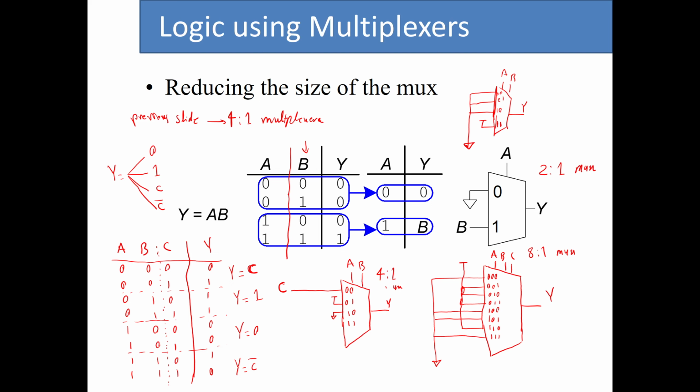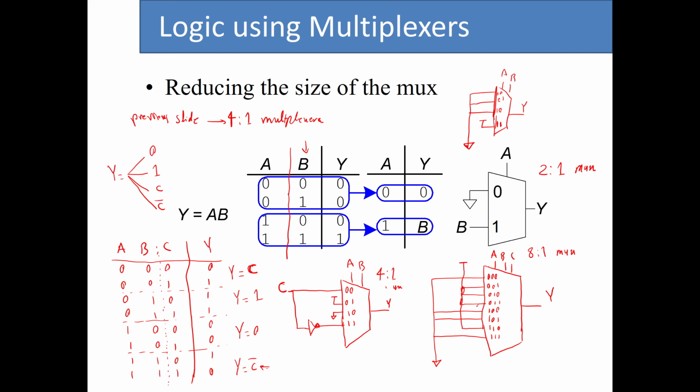And finally, for the last row, when A and B are both 1s, Y equals C bar. So C goes through an inverter and is delivered to this input.